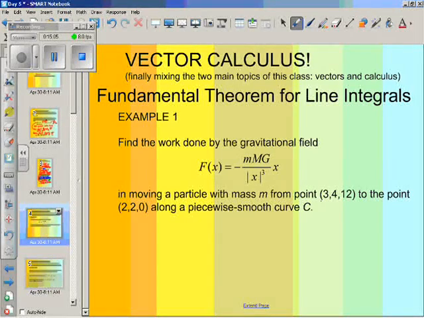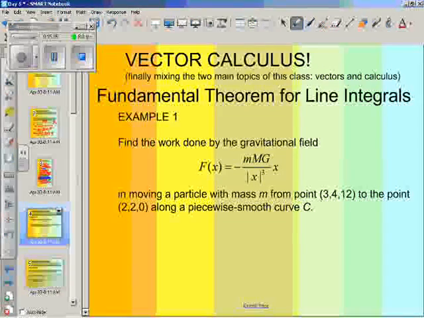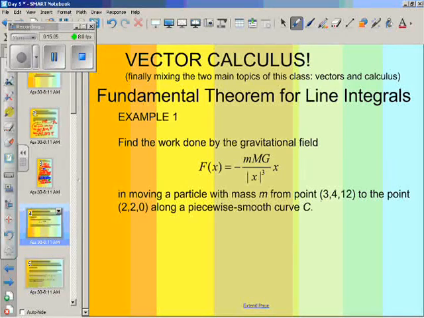We know that this is exactly equal to f of our ending point, which was 2, 2, 0, minus f of our starting point, which was, I already forgot, maybe 3, 4, 12.